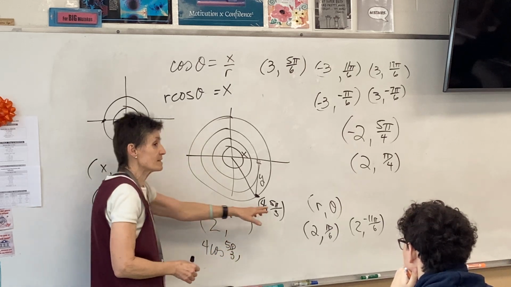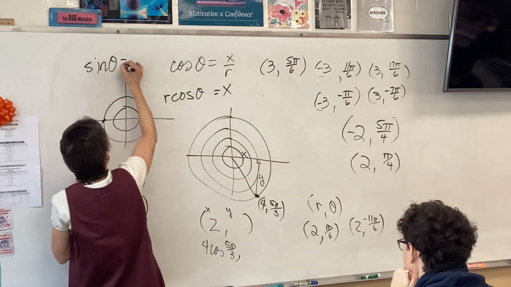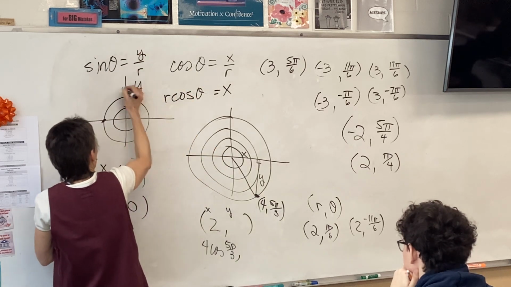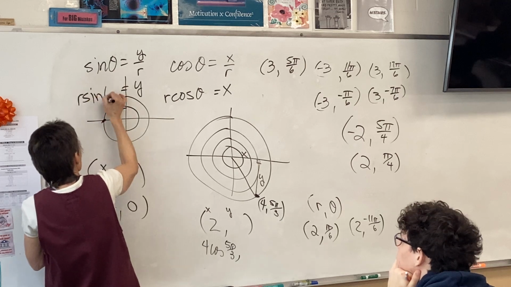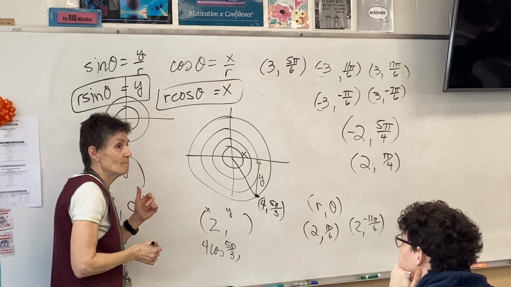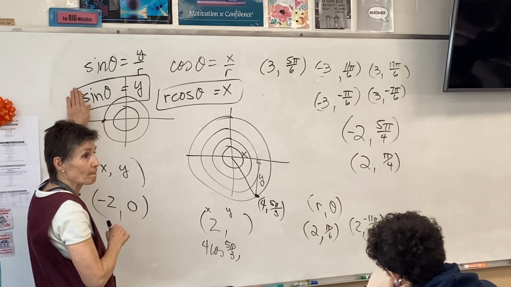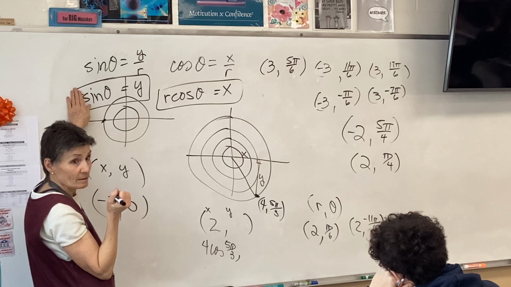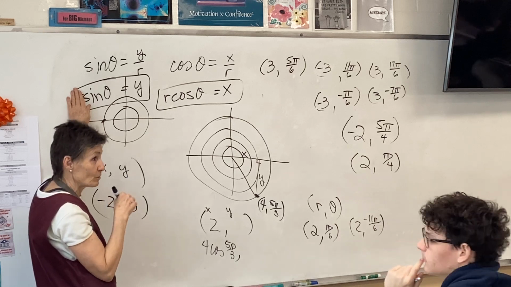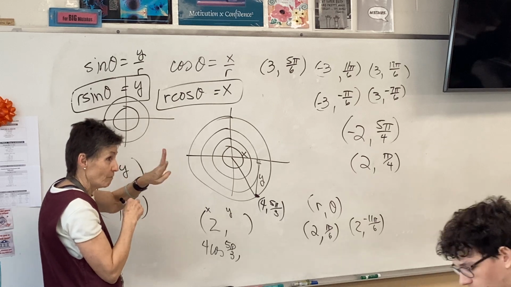All right, what's the sine of 5 pi over 3? Because sine theta equals y over r, so y is going to be r sine. We know that already. Negative radical 3 over 2. So I'm going to times that by 4.